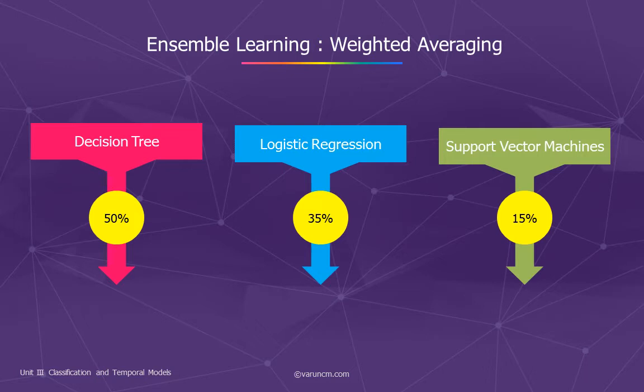The decision tree gets 50% weightage, logistic regression 35%, and support vector machine 15%. Likewise, giving weightage to the models and getting the exact prediction is called weighted averaging.